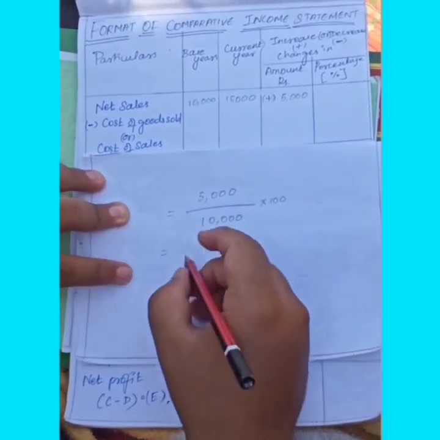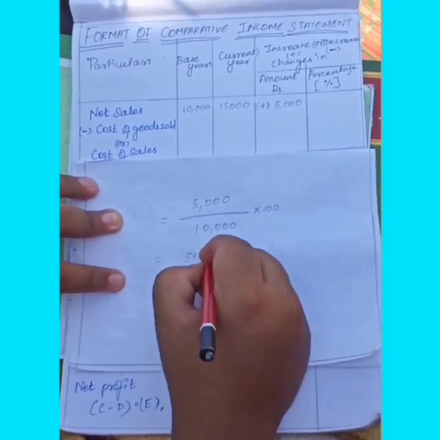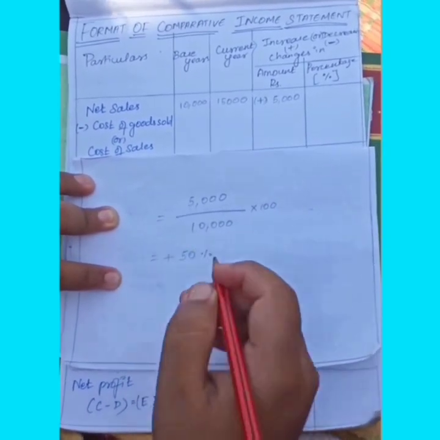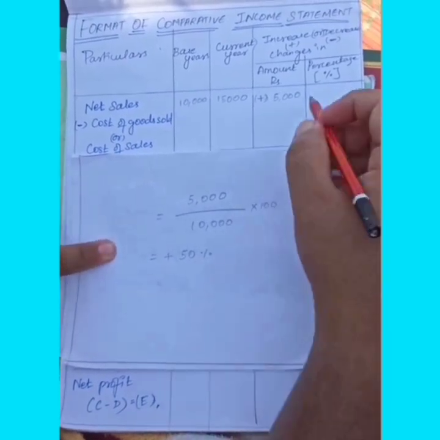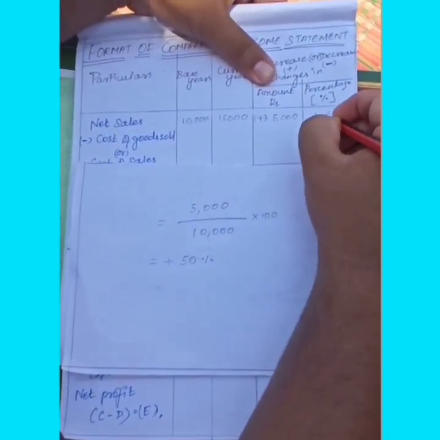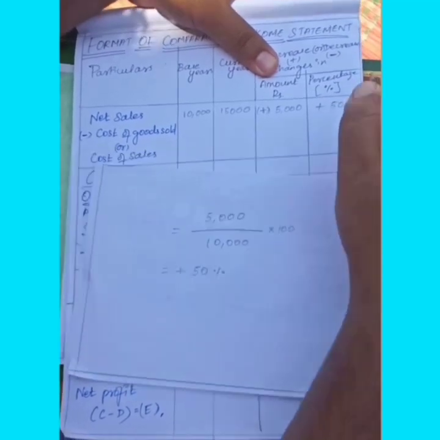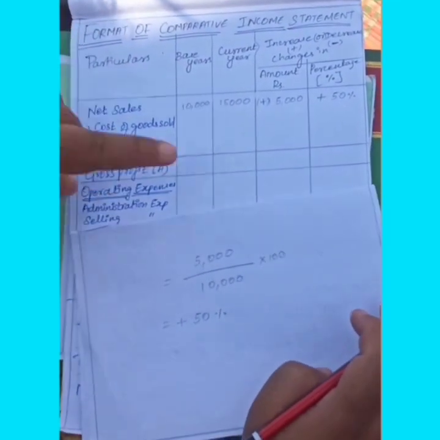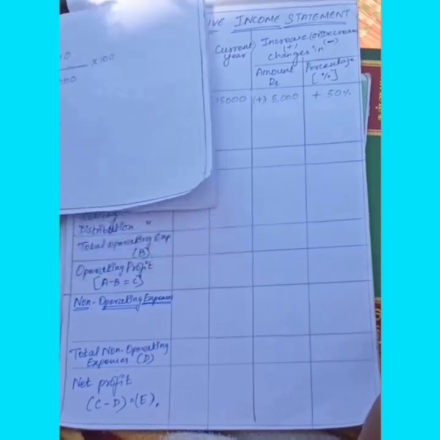You get a percentage of 50% plus. Using this formula, you apply the plus percentage, 50%. Like that you work out all the sums.